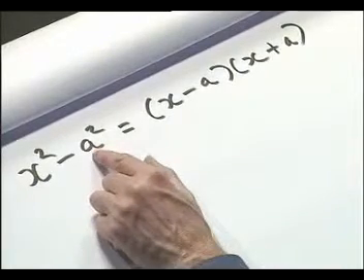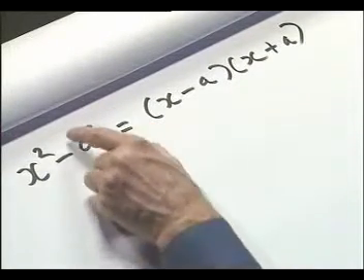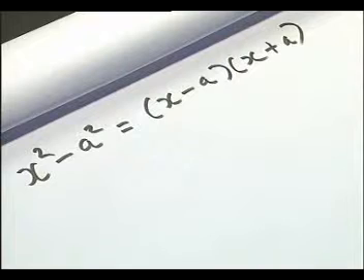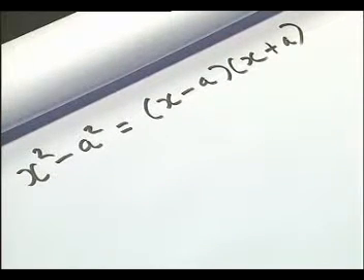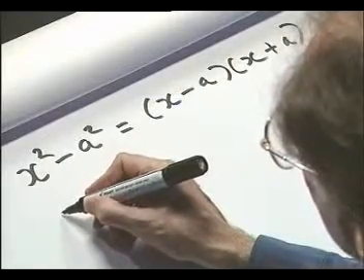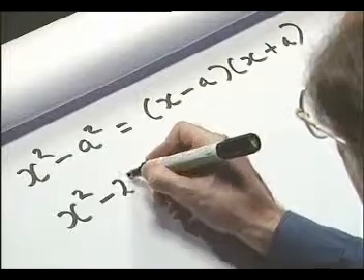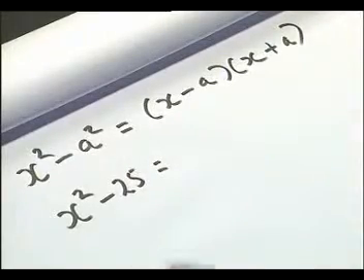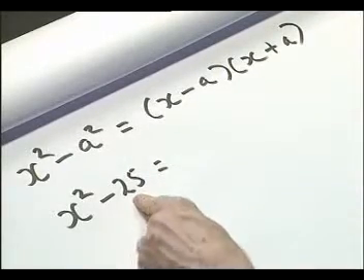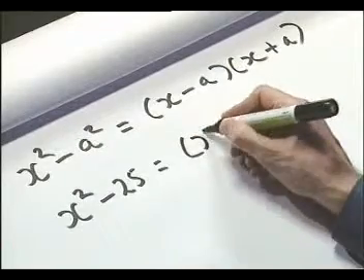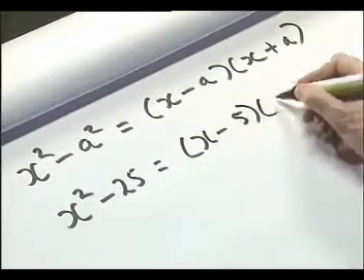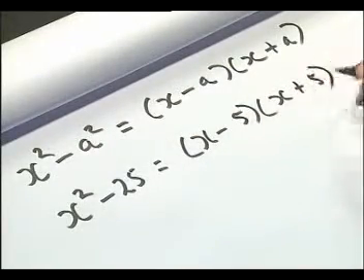So if we can identify this number that appears here as a square number, we can use this factorization immediately. So what if we had something, say, like x squared minus 25? Well, we recognize 25 as being 5 squared. So immediately we can write this down as x minus 5, x plus 5.